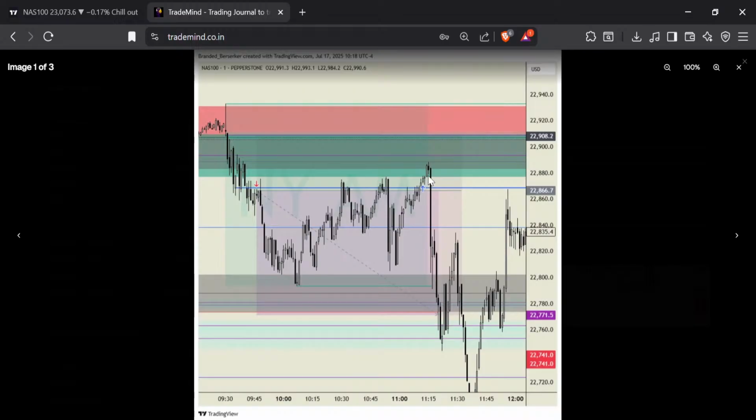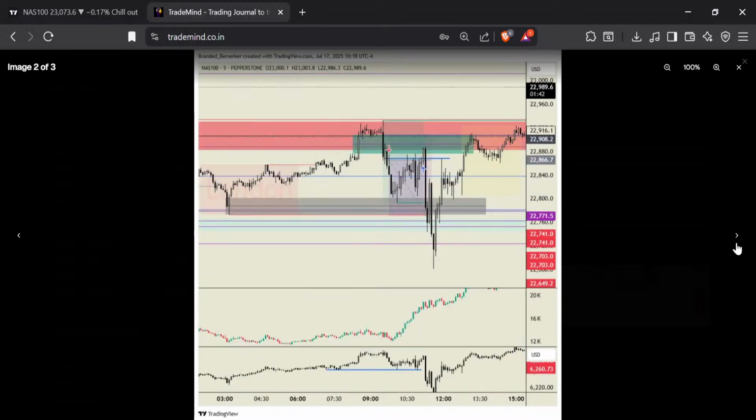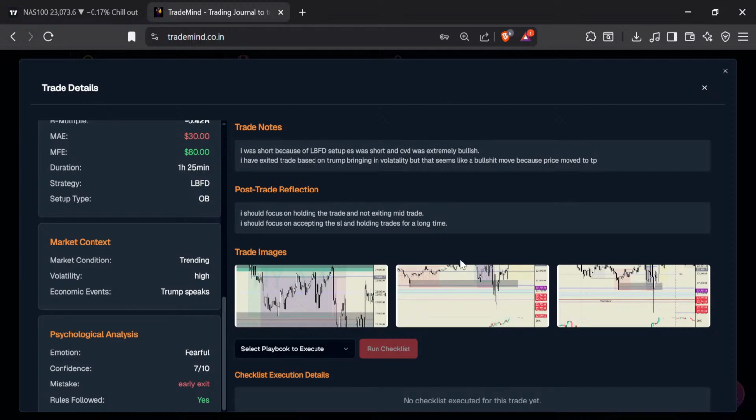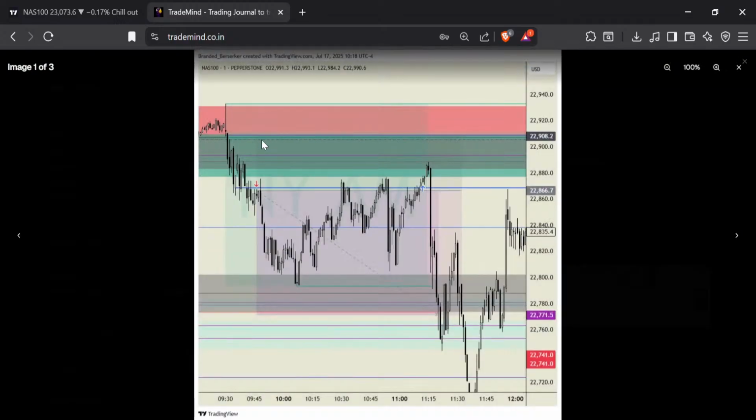Exactly 2 minutes after taking my SL, you see this big candle falling, and it took my TP. So that's the lore for that day. This was a beautiful setup, because I entered at a 5 minute order block. So the lesson on this Wednesday's trade is: hold your SLs, hold your trades.